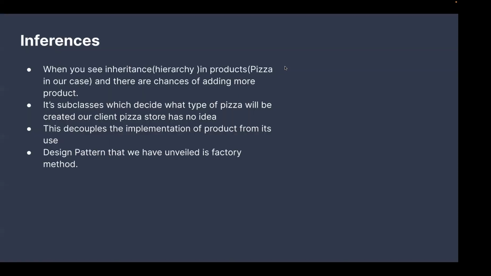So the inference that we draw from here is, whenever you see inheritance or there is a hierarchy, or there are any chances of adding more products, then you can follow this way. Create an abstract method and implement the subclasses.